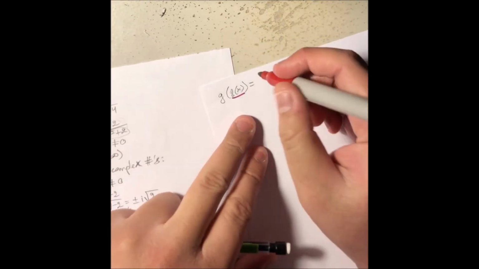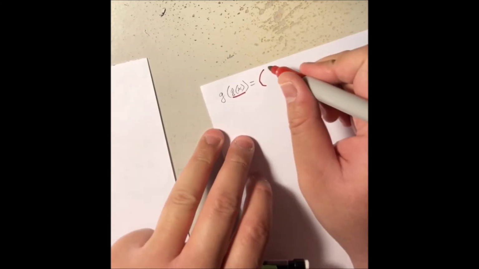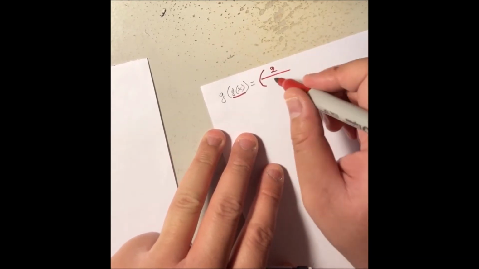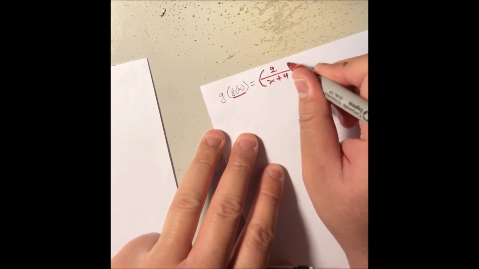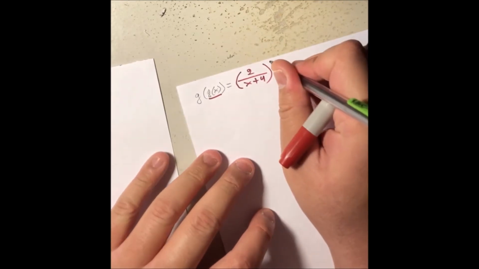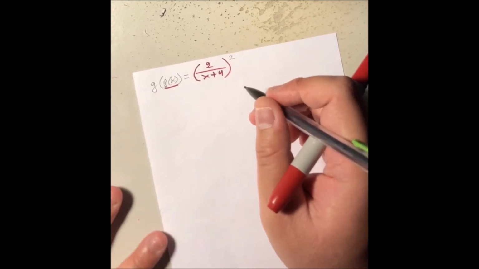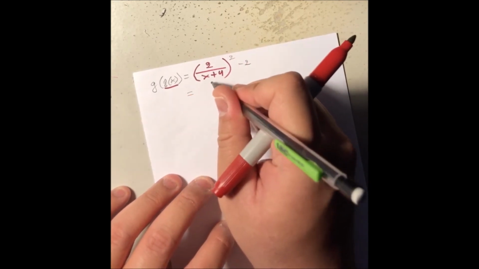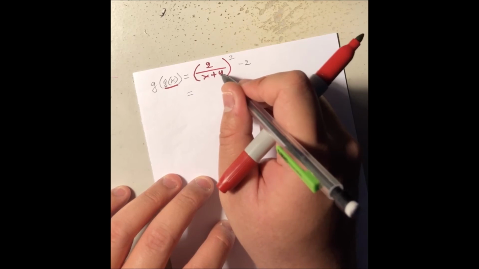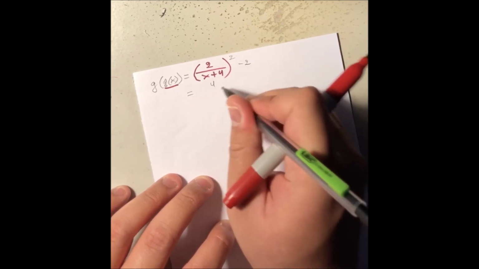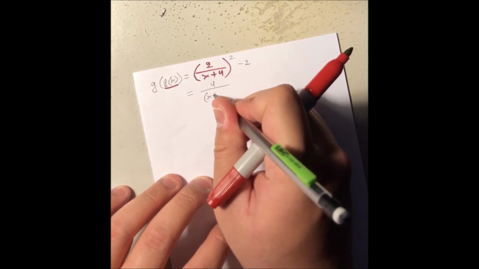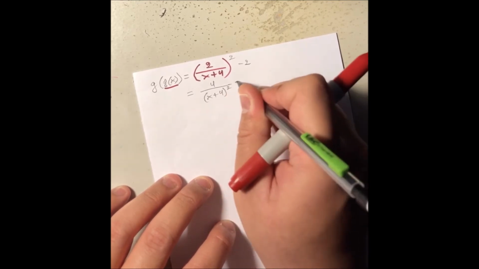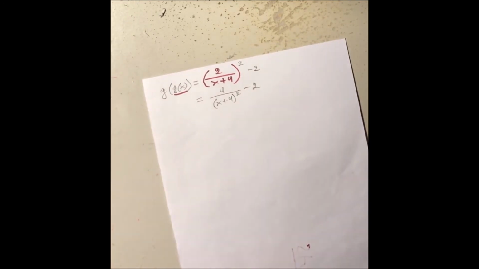So we are going to have 2 over x plus 4 raised to the second power, and then minus 2. Well, this is going to give us 2 over x plus 4 raised to the second power, which is 4 over x plus 4 raised to the second power, and then minus 2.